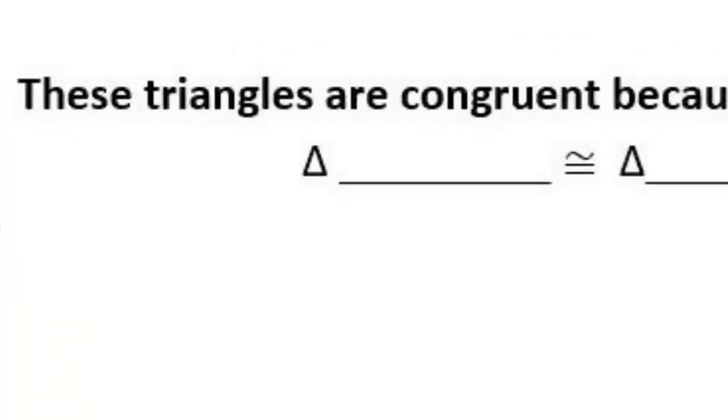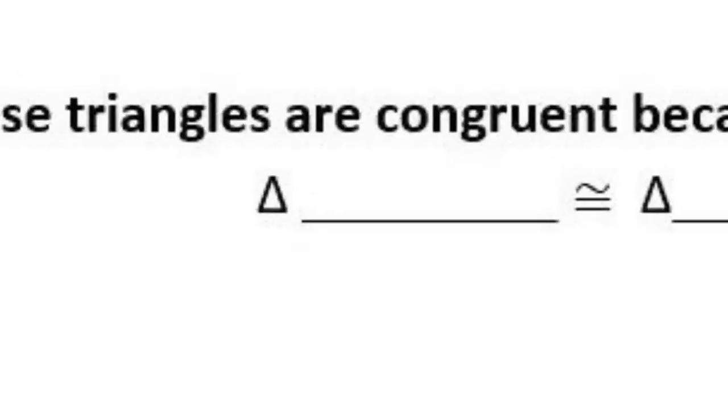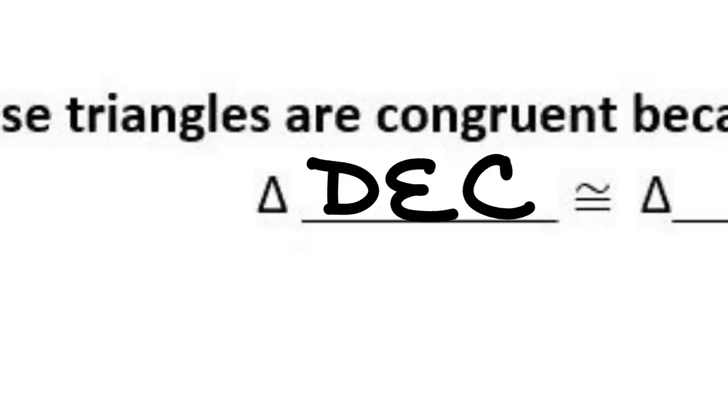And now I need to write my triangle congruence statement. How do you want to name the first triangle? Give me a way to name our first triangle. I heard, you said, I'm sorry, one more time. A. Oh, DEC, sorry. DEC would be our first triangle. We have to match up our corresponding congruent parts.